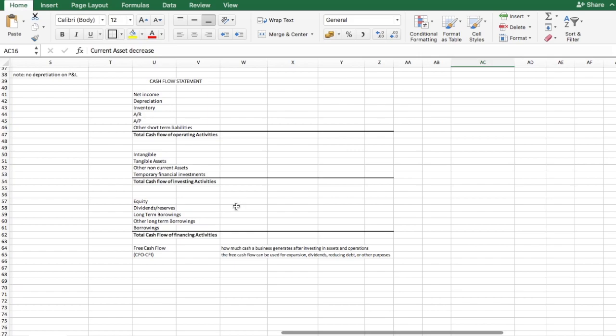But for that, we need to prepare the information. And to prepare the cash flow statement, we need two financial statements. The P&L for net income and depreciation, and the balance sheet for the rest of the items, okay?